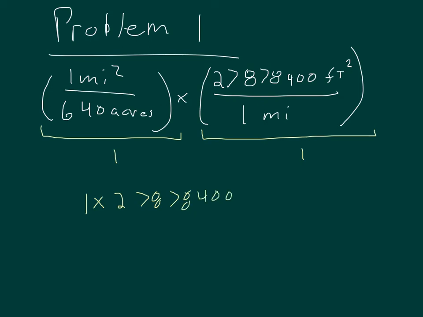Then you divide by everything on the bottom, by 640, and then you also divide by the 1. Okay, so you multiply all the tops and you multiply all the bottoms, and you'll come out with your number, which in this case, if you look at the book, is 43,560.